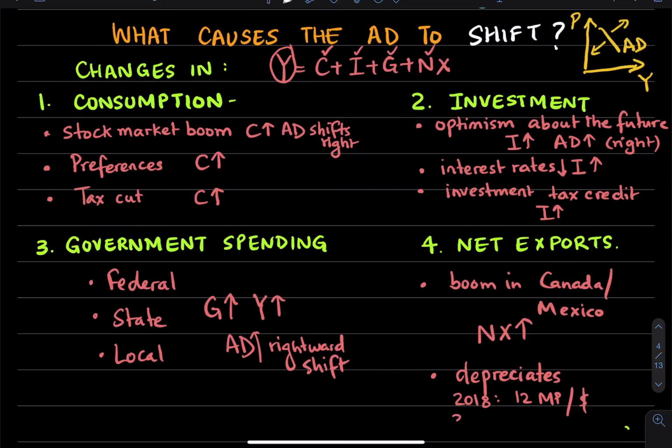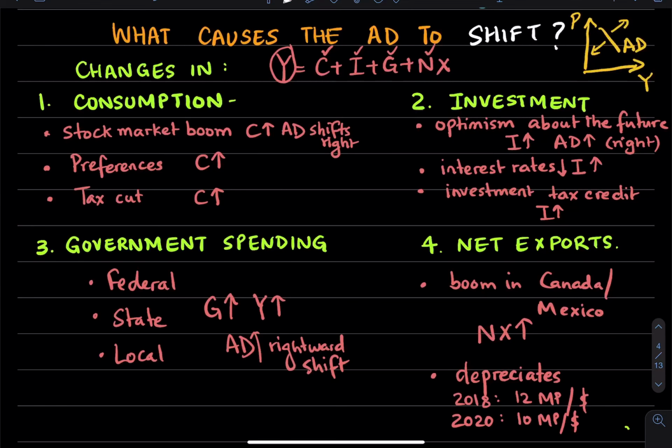And in 2020, you get 10 Mexican pesos for a dollar. This would mean that now we're getting fewer Mexican pesos for the dollar, so our exchange rate has depreciated. Now, when our exchange rate depreciates, of course, we feel the pinch if we travel to Mexico, right? Because we would only get 10 Mexican pesos in exchange for a dollar now than we were getting earlier.